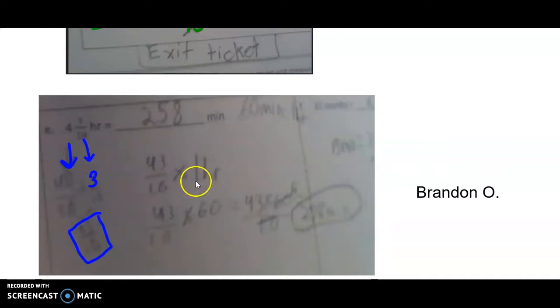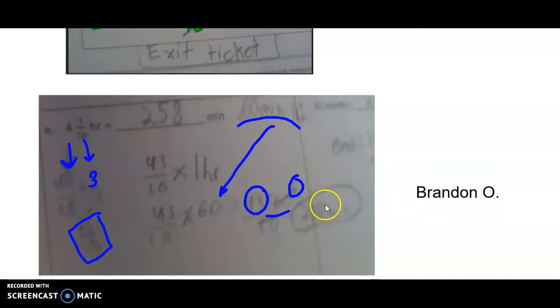He then wrote his expression to 1 hour, and there's his conversion that he added in, that he multiplied by 60, and he did the same thing, which I thought was excellent. He divided the 60 by 10 to get that 6, and just multiplied 43 times 6. What a fantastic job that he did as well.